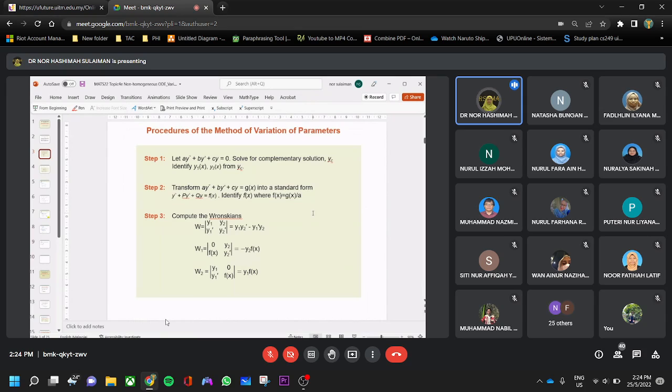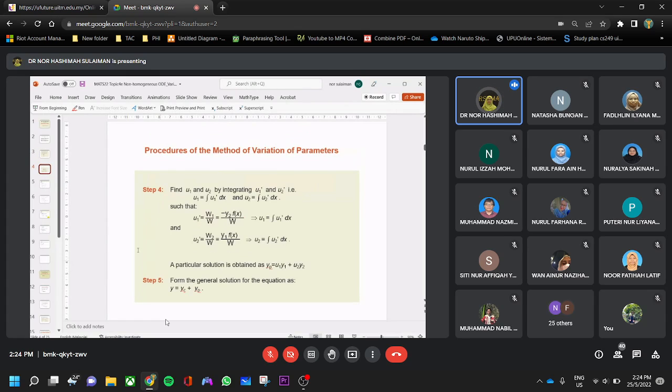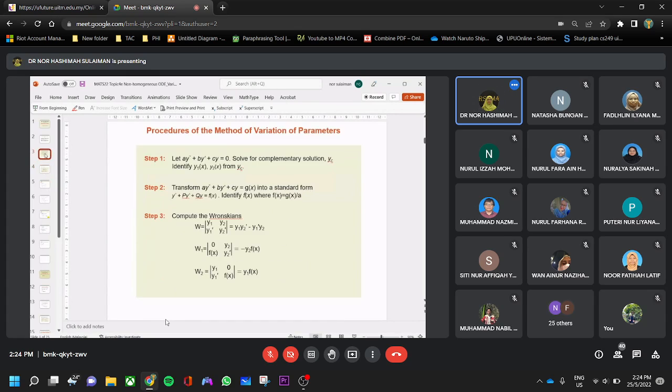Okay, right. Now, what is the method? What are the steps that are involved in the technique, right? And specifically the procedure in the method of variation of parameters consists of some steps, right? Kat sini kalau ikutkan ada step 1, step 2, step 3, okay, ada 5 step lah katalah in general.